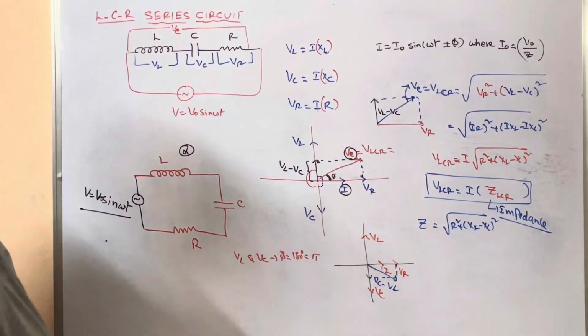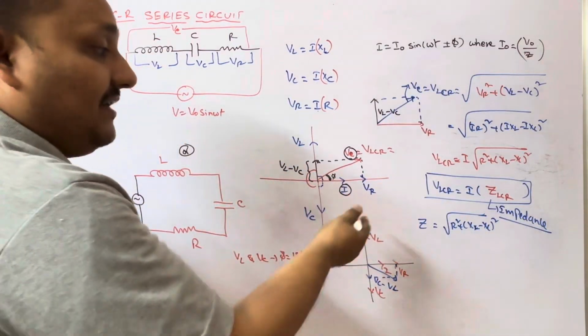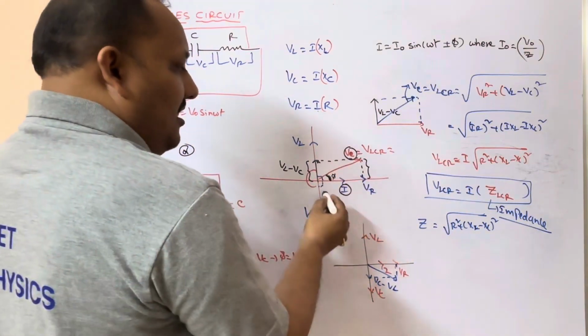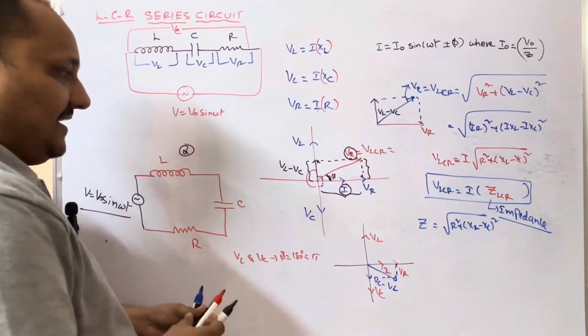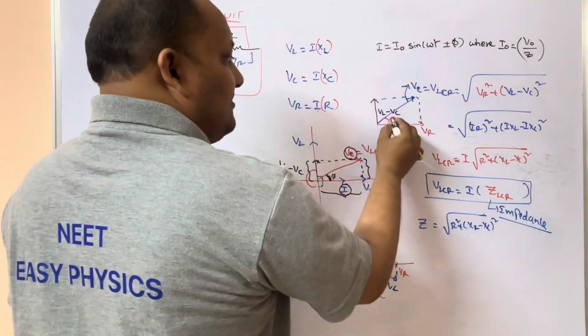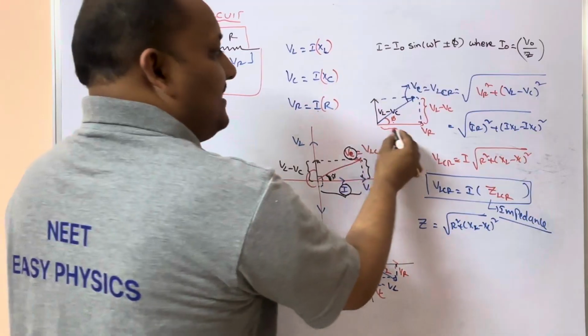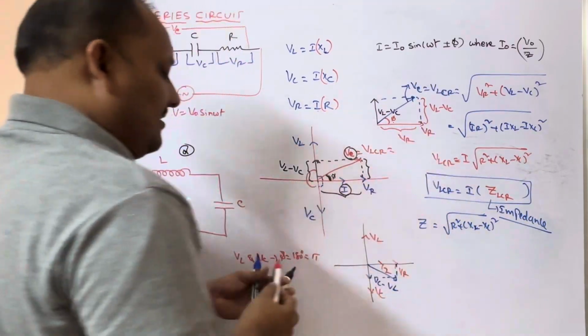So what is the phase, and how will we get this phase? Tan phi is equal to opposite side by adjacent side. For this phi, the opposite side is VL minus VC and the adjacent side is VR.